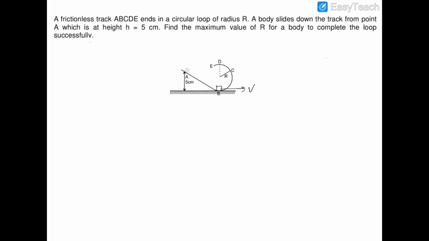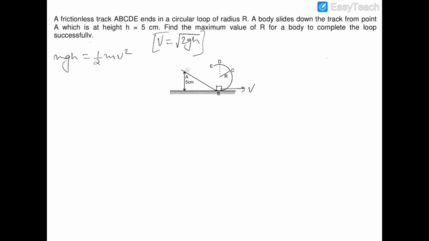So to find out V, we can directly apply the energy conservation, and the energy which is converted into the form of kinetic at position B will be mgh, that would be equal to half mv square, or directly we can use V is equal to under root of 2gh.